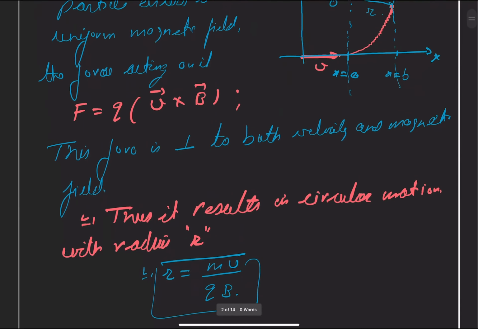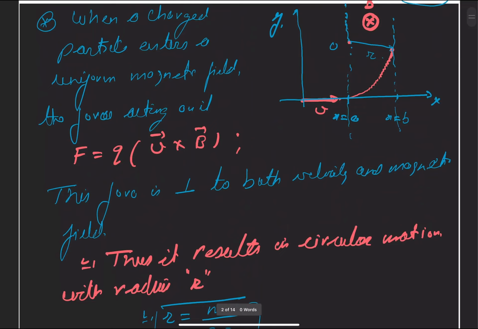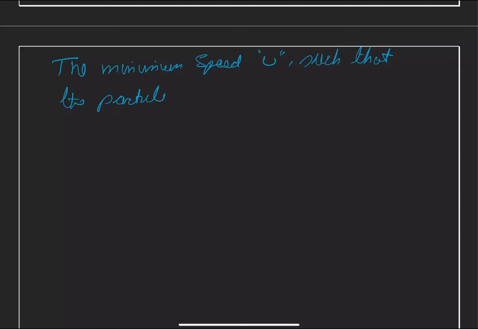And we have to find the minimum speed v such that the particle just reaches x equal to b.